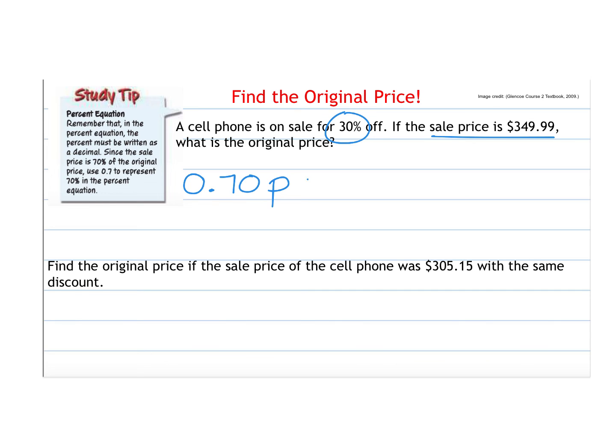So I'm just going to say 0.70 times P equals $349.99. So first of all, my original price is going to be more than $349.99 because this is my sale price.